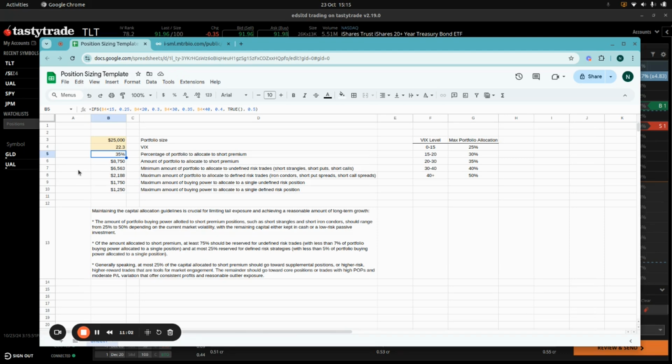It will tell you how much buying power you should allocate to undefined and defined risk positions, how much of your portfolio you should allocate to short premium strategies in general. You don't want to use 100% of your portfolio in short premium strategies. There are other lower risk things that you could be doing that can still generate returns, but you shouldn't be using all of your portfolio in short premium. But there you go. That's the spreadsheet.